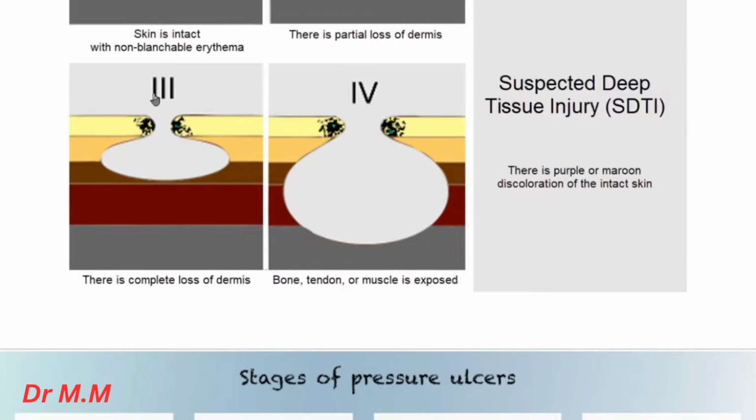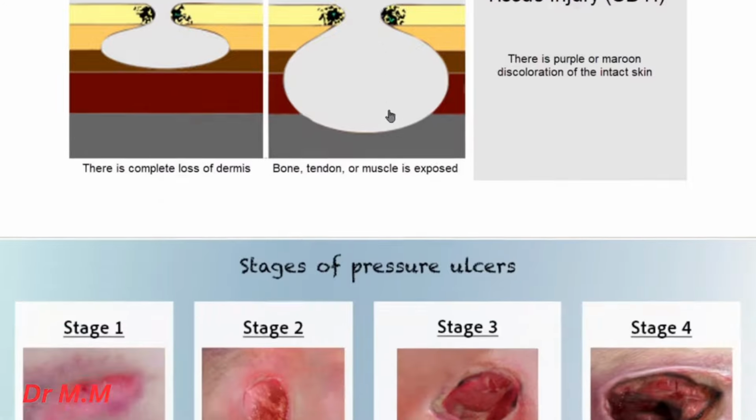In grade 3, there is a complete loss of dermis and epidermis, and in grade 4, we have destruction of the tissue and bone, tendon, or muscle is exposed.